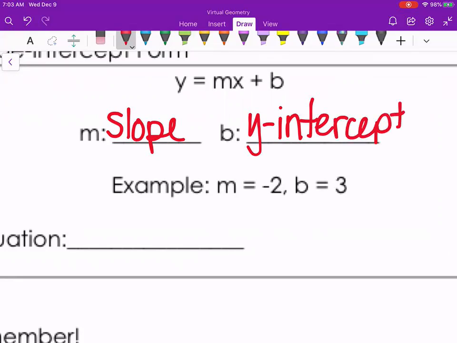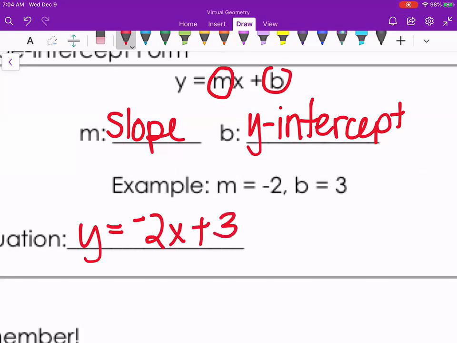Okay, so if I have just a quick example, m is -2 and b is 3, then the only places I'm going to plug into this equation is at the m and the b. The y equals and then the x plus will stay exactly where they are. Y equals. So switch out the m for -2. The x stays where it is. The plus will stay where it is. My b is a 3, so +3. Now, if the b was negative, then we would have a subtract there instead of a plus.